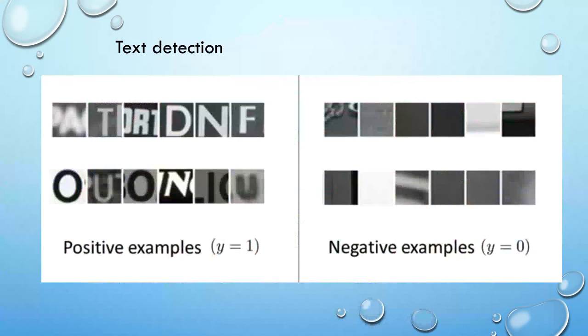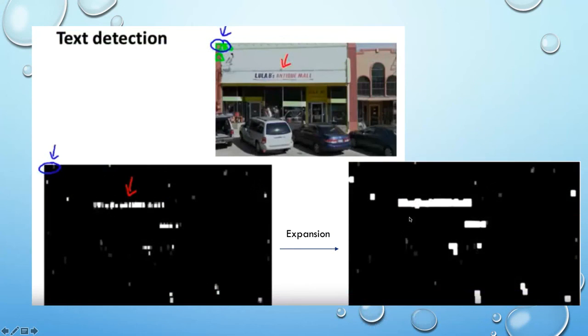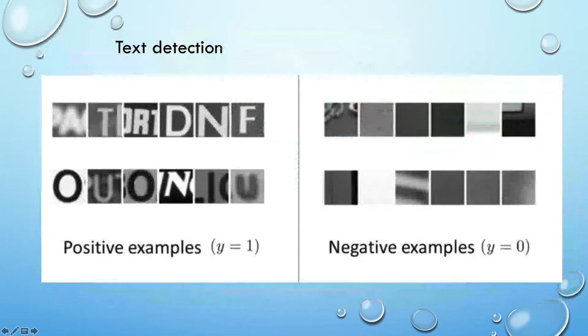Let me see. Yeah, maybe this one is better. So the size of this character, you don't know. So I think this size you also need to change. You have to try different sizes. This is a training set.